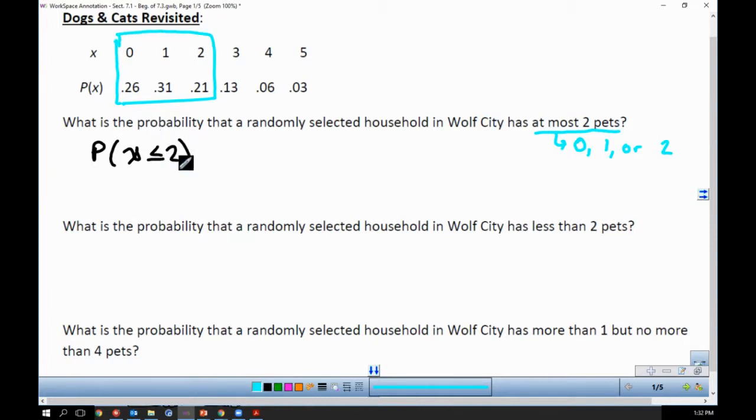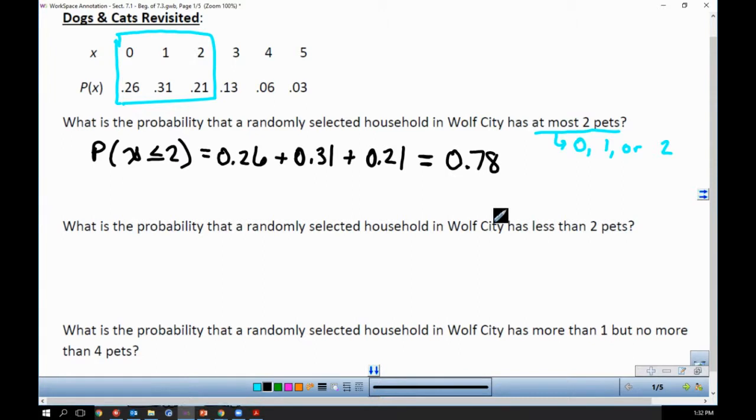How can I get the overall probability then? Just add them up. So 0.26 plus 0.31 plus 0.21. What would that give you? Pretty straightforward. That's right. What were you saying, Riley? Pretty straightforward. This part it pretty much is. Alright. Today at least will be straightforward.